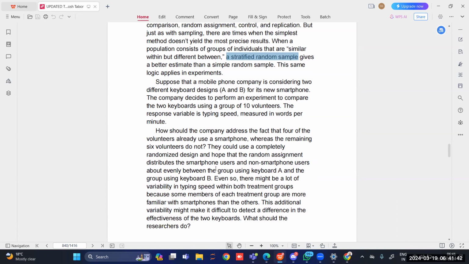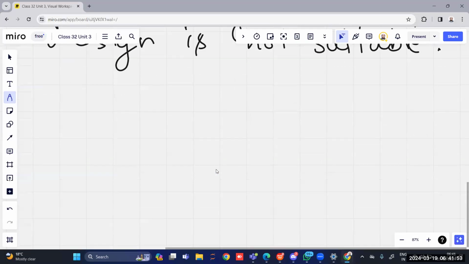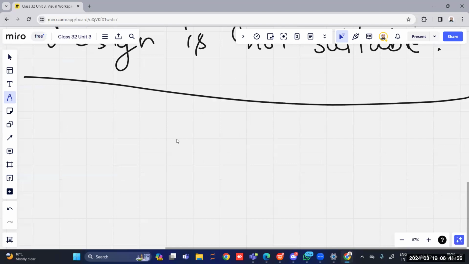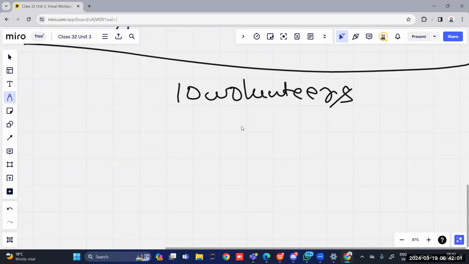So how should the company address the fact that four of the volunteers already use a smartphone, whereas the remaining volunteers do not? So what is the similarity between the 10 volunteers now? There is a similarity and also a difference. What is the similarity?